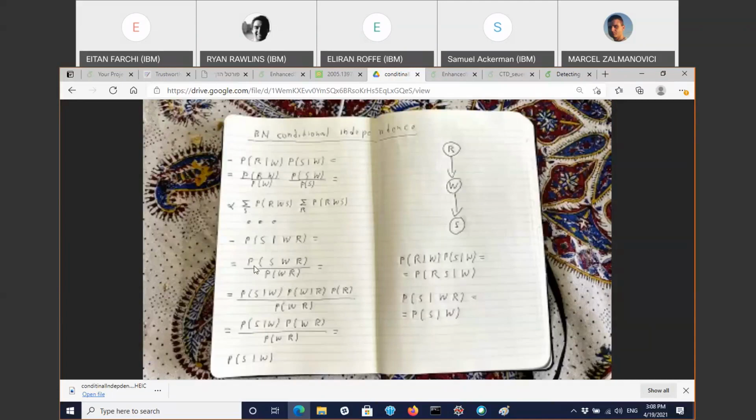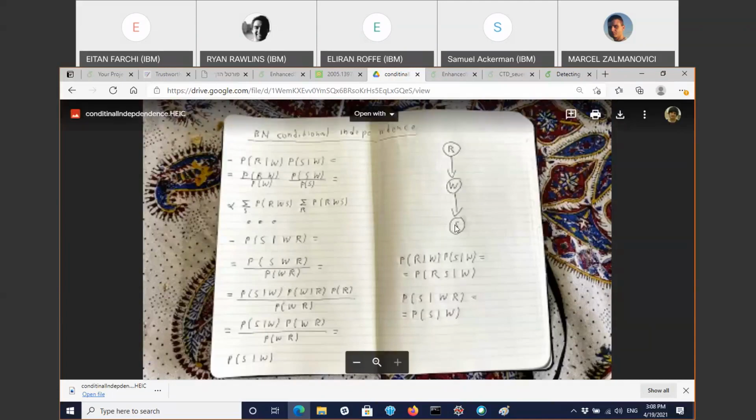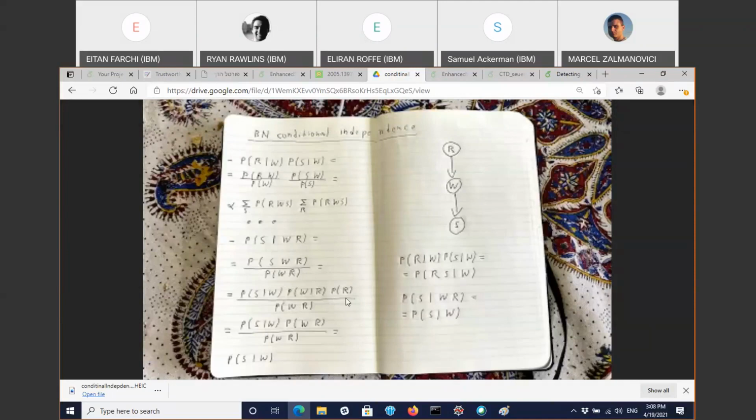Now for the probability of S, W, and R, I can use the network. Based on the network, as we discussed last time, this is the probability of R, times the probability of W given R, times the probability of S given W, divided by the probability of W and R. This step I'm reading from the network. That's important to understand.